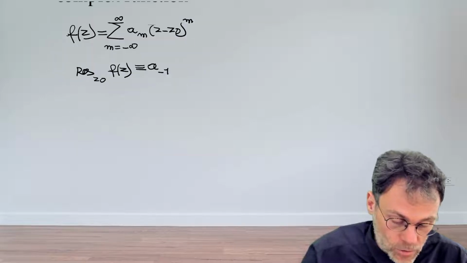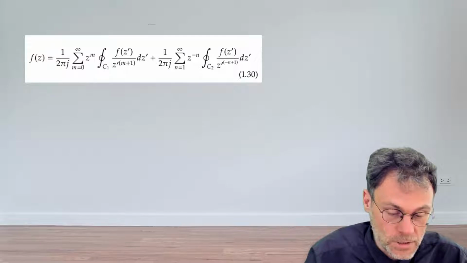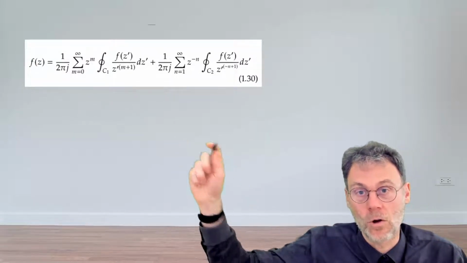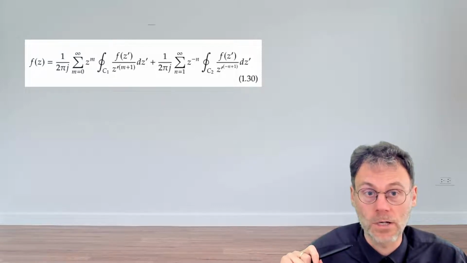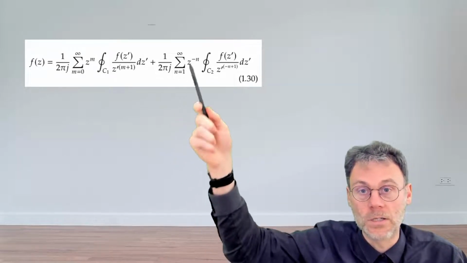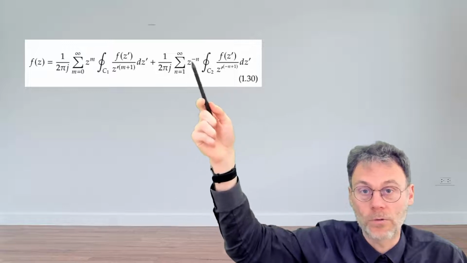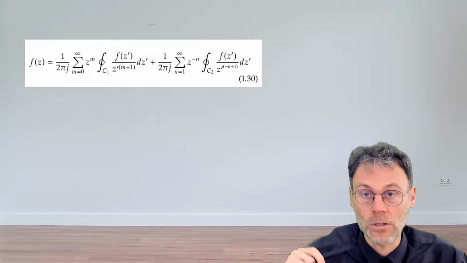So if you go back to a calculation we did earlier when we were looking at the Laurent series, we ended up with this complicated expression that gave us an explicit formula for each of the different coefficients in the Laurent series. So what we're interested in is the coefficient minus 1, so the power of 1 over z in this case. Remember, this was developed around the origin, but you can just as well replace z with z minus z0.